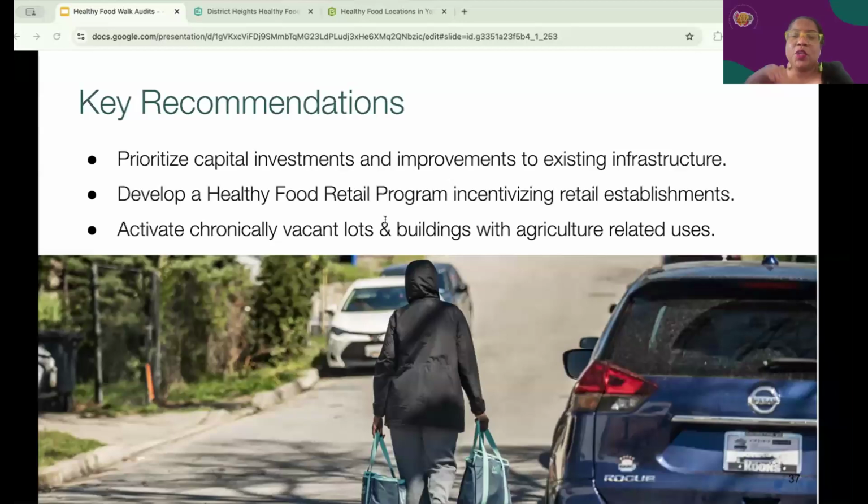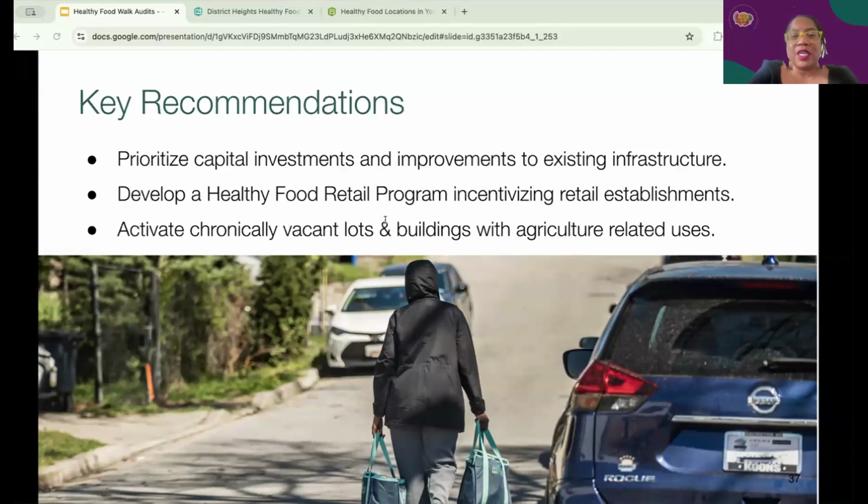And so the entire purpose of our healthy food walk audits is both to understand and assess the current conditions of the built environment, while also helping elected officials and decision makers understand the political and policy landscape of the community as well.